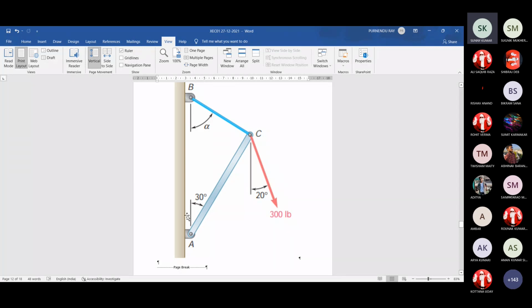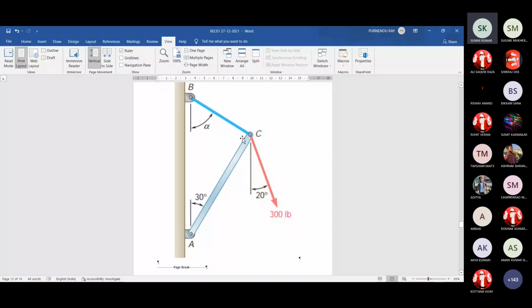And if it is mentioned that for this situation to generate some 250 pound force in this member CB, suppose this member is so weak that it cannot resist more than that value, that is the threshold or limiting value.